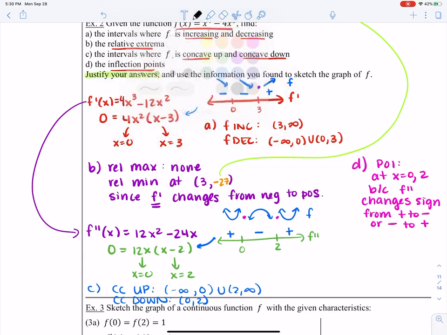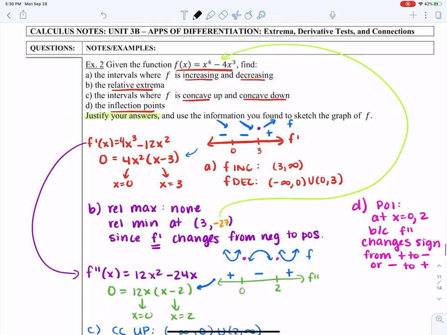Part D asked me for inflection points. Inflection points are wherever you're going to change concavity. So notice it changes concavity right here and right here.